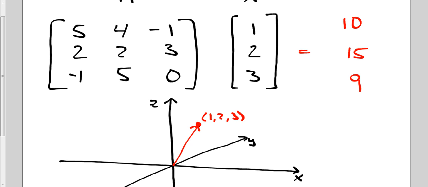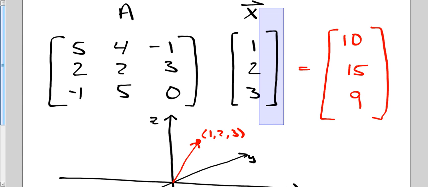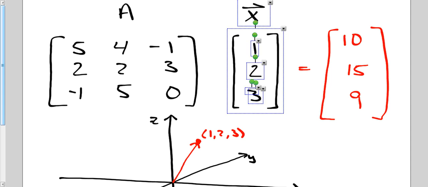Now, I got a new matrix. Or I'm sorry, a new vector. Now, here's the beauty of this. If I took, I want to take this guy out of the equation.